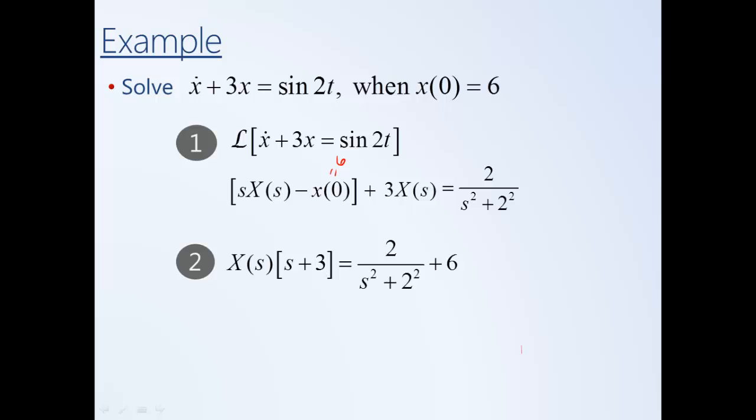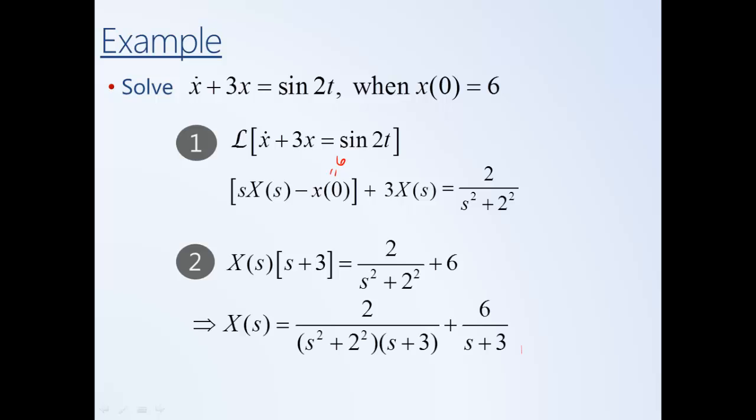Then to isolate X of s, we can divide through by s plus 3, giving us this final expression. Looking at the previous step, this 6 comes from the initial condition, and this term comes from the forcing sine input. And so the two terms of X of s can be thought of as the response of the system to the input and the response of the system to the initial condition.